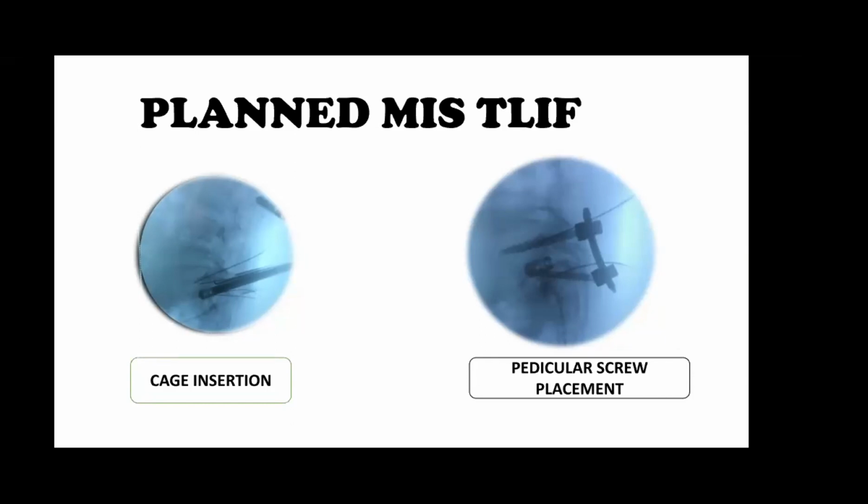If that is good, then you can manipulate the implants well and get your reduction. If you don't have good purchase, it's very difficult to get your reduction, or it will fail the very next day. And using navigation, you can get bicortical purchase of the L5 screws. That is one more relevant point here. Next slide.